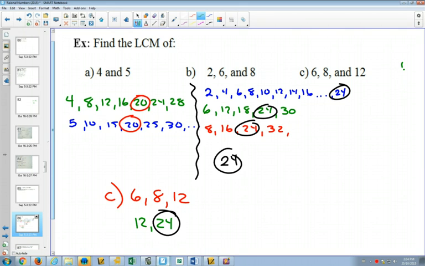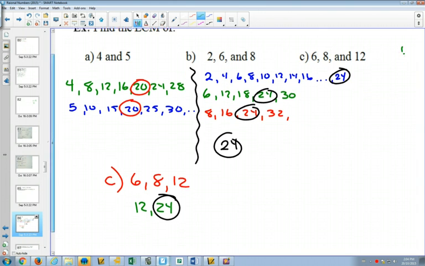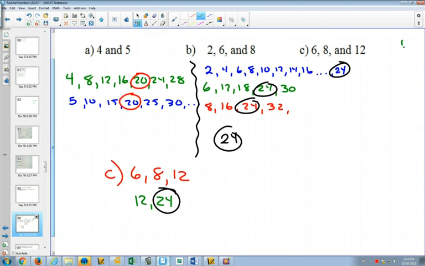And for those of you that like to know the math way of figuring it out, 6 is 2 times 3. 8 is 2 times 4, but 4 can be broken up into 2 times 2, so 8 is 2 times 2 times 2.